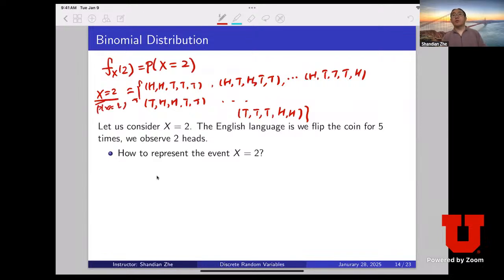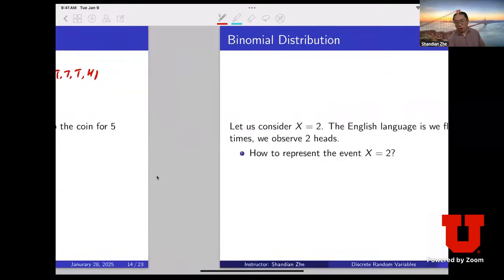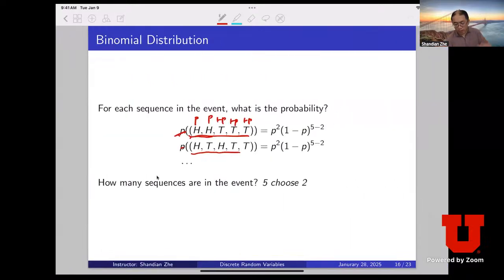So for the whole event, X equals 2, the probability will be the summation of the probability of each single sequence. And the probability of each single sequence is the same. They are all p squared times (1 minus p) to the power of 3, right?